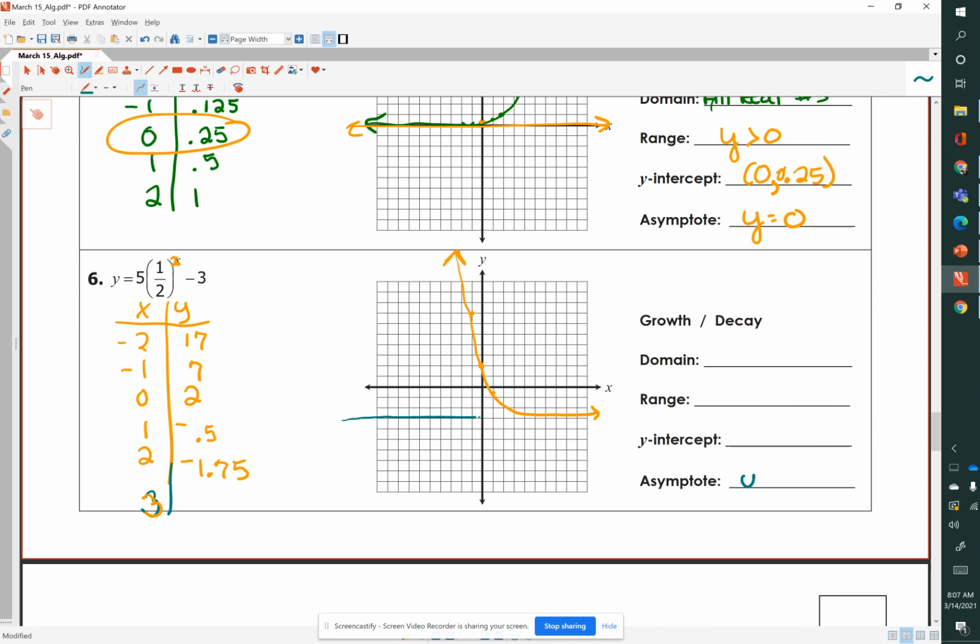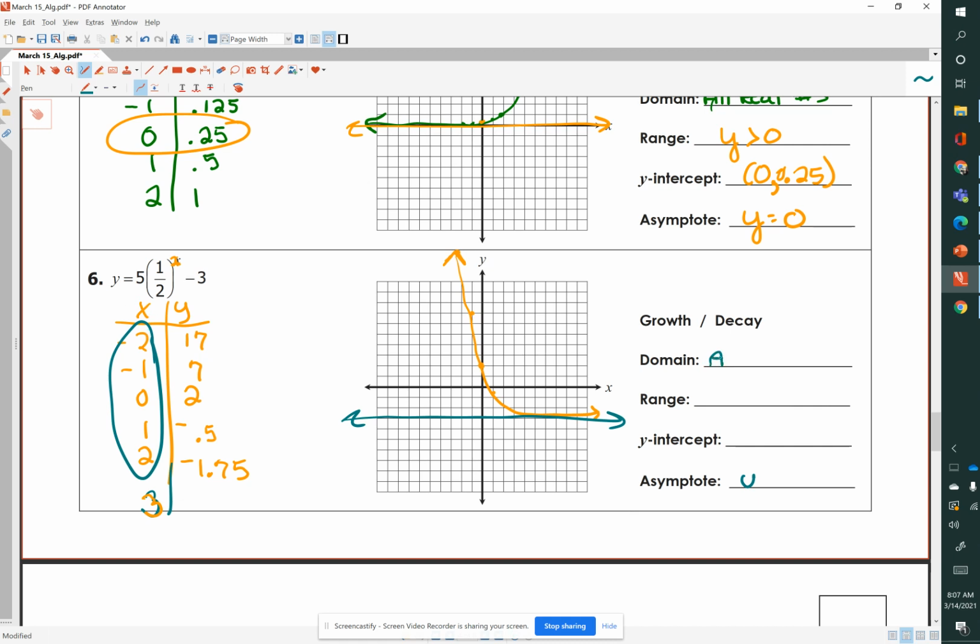So here's our asymptote right here. And again, you don't always use these same numbers. They're a good place to start. But if you're not getting enough information for your graph, then you're going to need to put more numbers on the negative side of what you're evaluating or on the positive side.